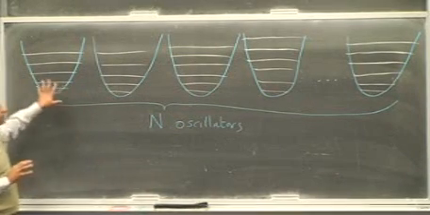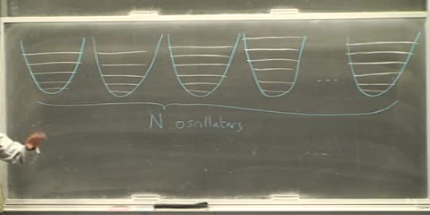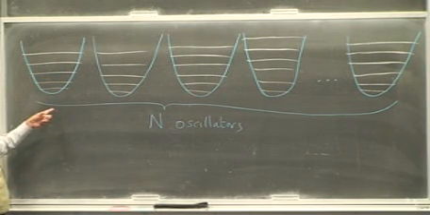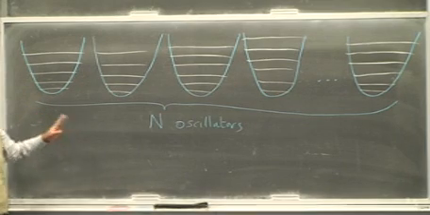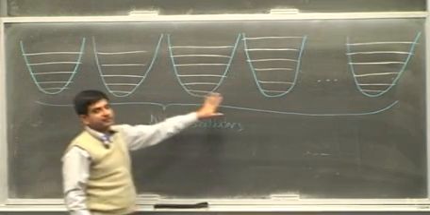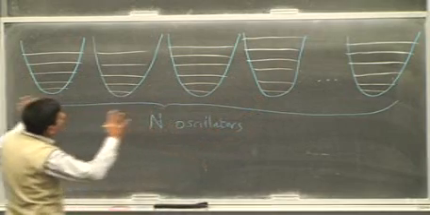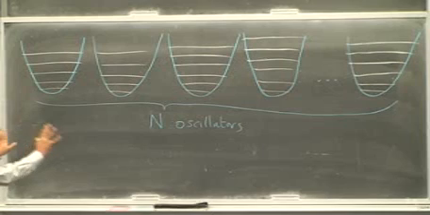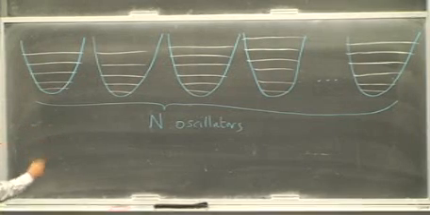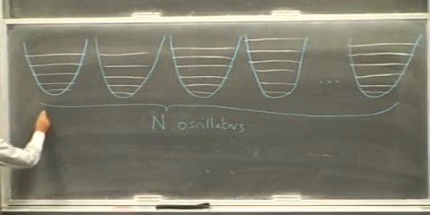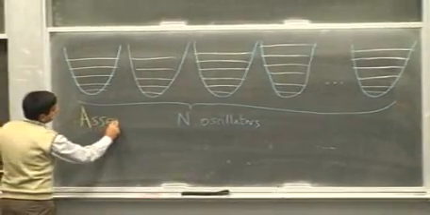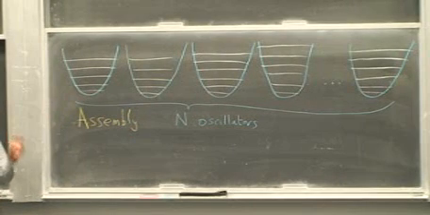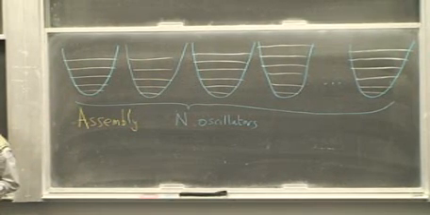Now if I consider only one oscillator, there is a probability of occupancy of a certain level, correct? Given by the Boltzmann factor. If I have a large number of atoms and I'm looking at all of them together, which means I'm looking at the assembly of all of the oscillators, I'm not looking at one oscillator as I've looked at here.